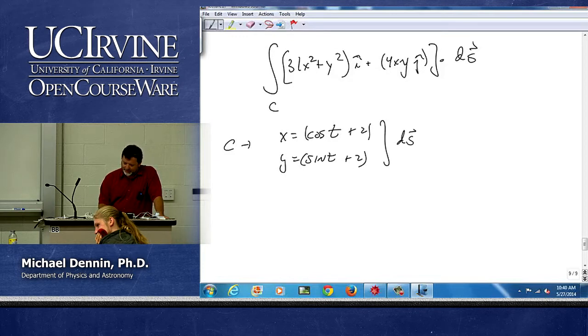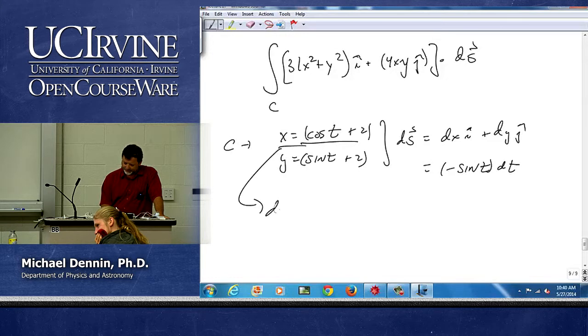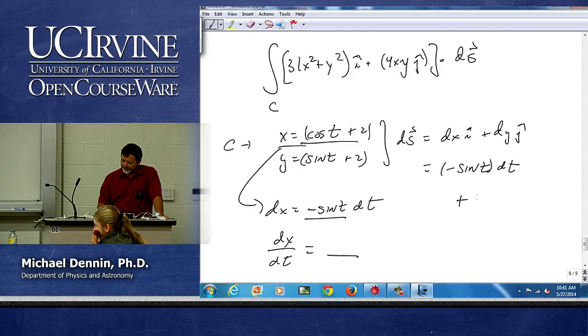Then ds, which equals dx i hat plus dy j hat, is equal to minus sine t dt, that's the dx, so notice to get dx, I take dx dt, and then plus the cosine t dt.